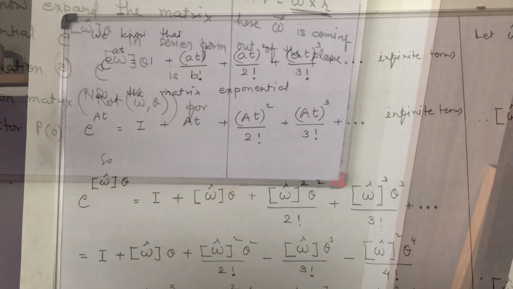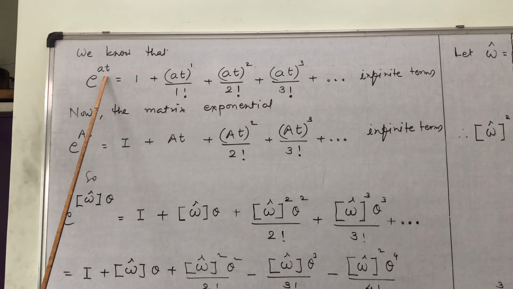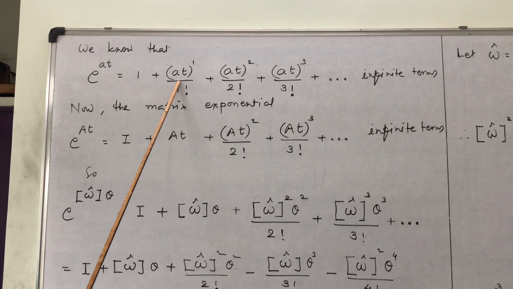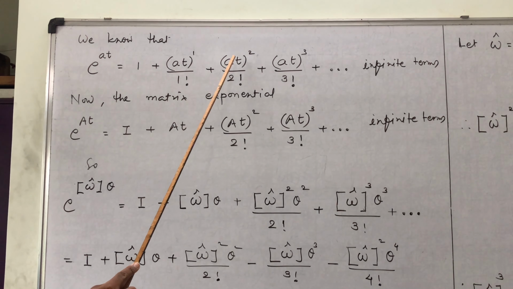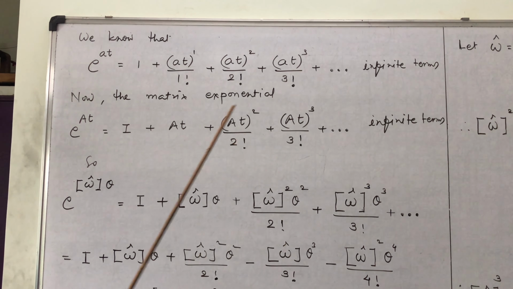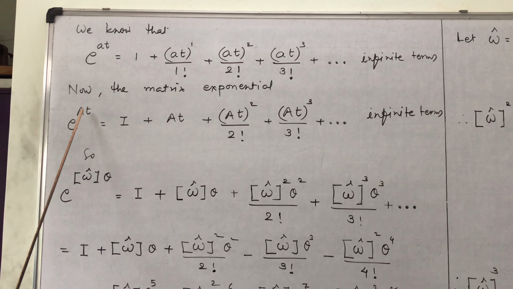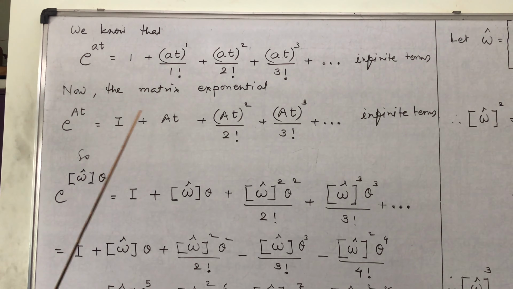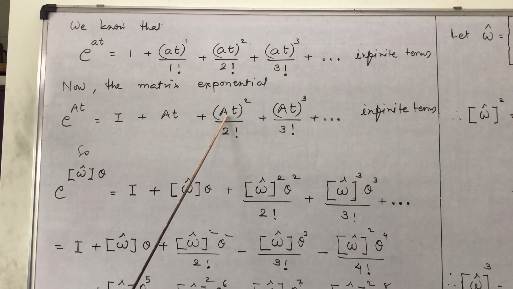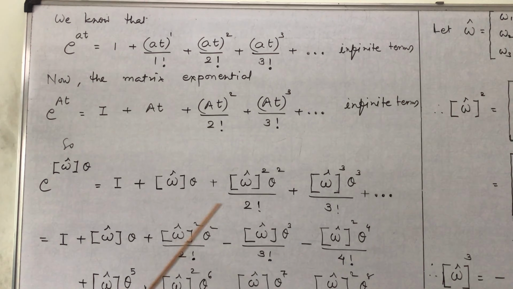Okay. Now we know that e raised to at in scalar form is 1 plus at upon 1 factorial plus at square upon 2 factorial plus at cube upon 3 factorial plus and so on, infinite terms. Now the matrix exponential e raised to at is I, the identity matrix, plus at plus at square by 2 factorial plus at cube by 3 factorial and so on, infinite terms.